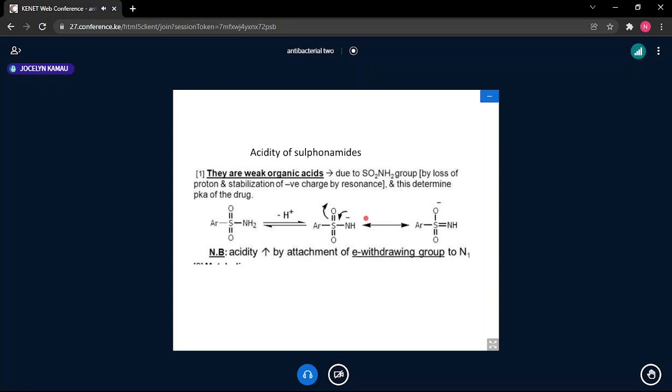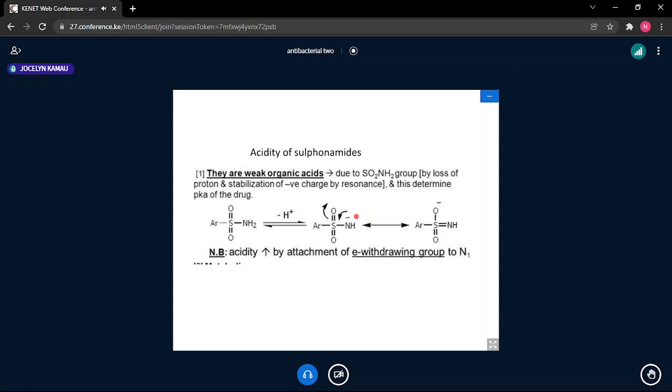But when you have a nitrogen, a sulfur, an oxygen, those are groups with electron withdrawing power. So they withdraw electrons themselves. And once they withdraw electrons, then this nitrogen will be left deficient of electrons. Once it's deficient of electrons, it will be even more strongly electronegative. It will pull the electrons from the hydrogen, and in so doing, you will form your anion.